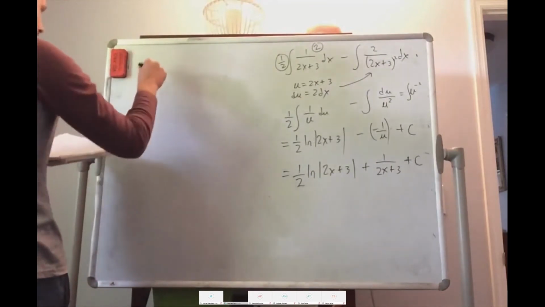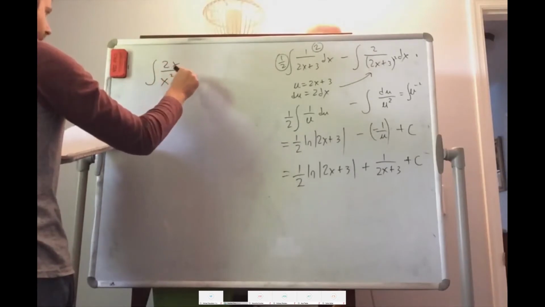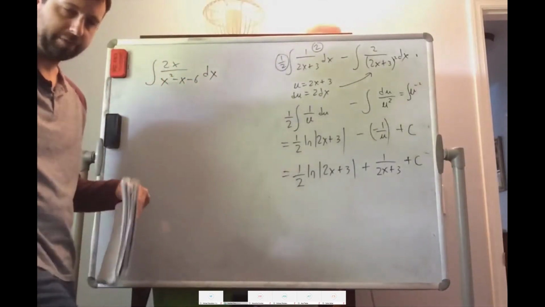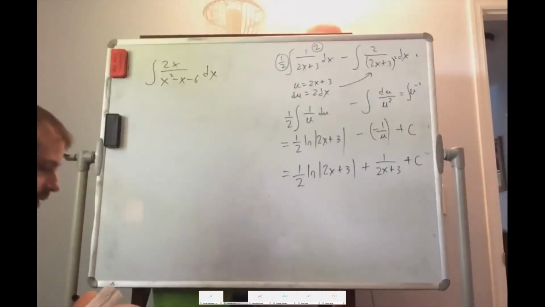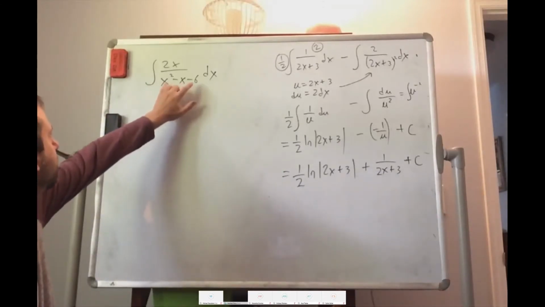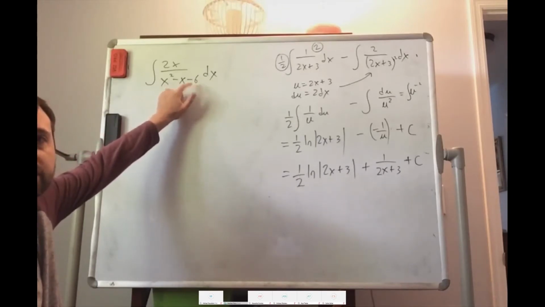Okay, so integral of 2x over x squared minus x minus 6 dx. And this one's really not that much harder than what we've done at all. But there's 1 or 2 little wrinkles that are different about this than the previous 2 problems. The first little wrinkle is, notice that we have to actually factor the denominator first. It's not factored for us.